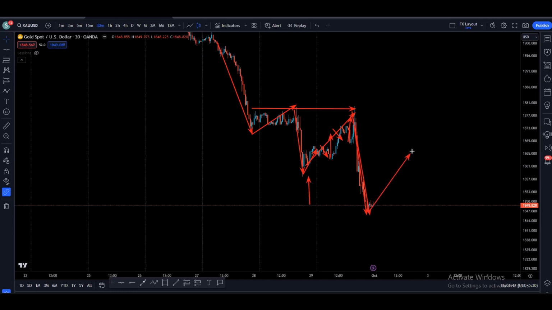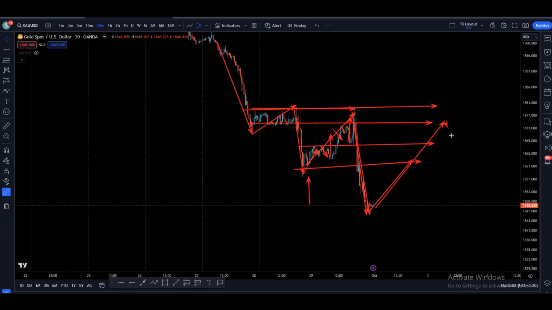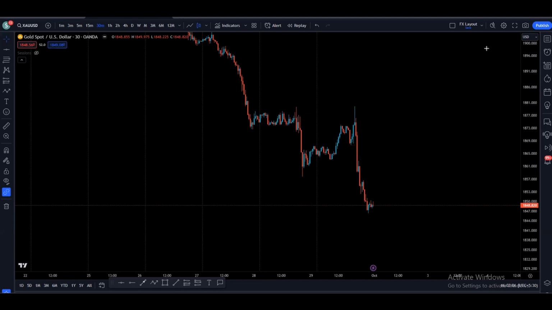And right now I'm anticipating the price to come up to create resistance maybe into this area, or into this previous support resistance area, or maybe into this area, or maybe into this area. So we can find resistance anywhere in this area to go down to retest the previous low. So that is something I'm anticipating on the 30-minute time frame.